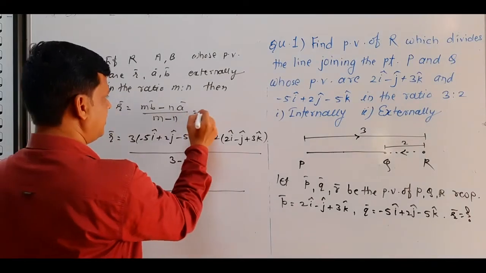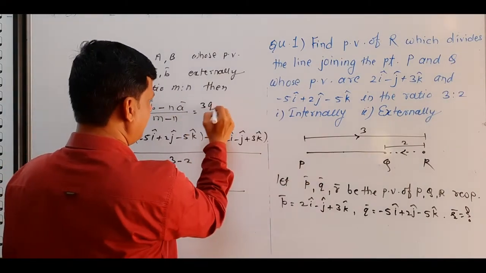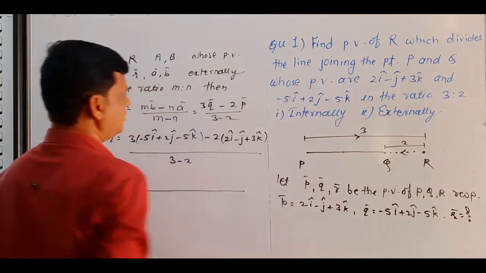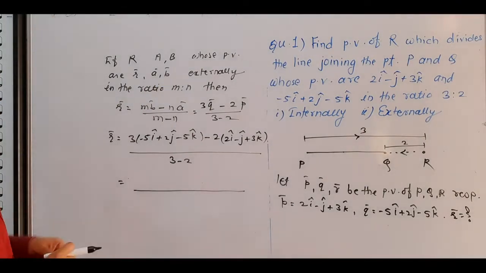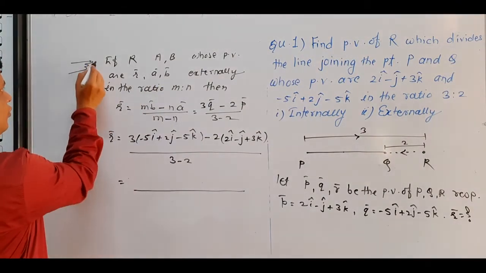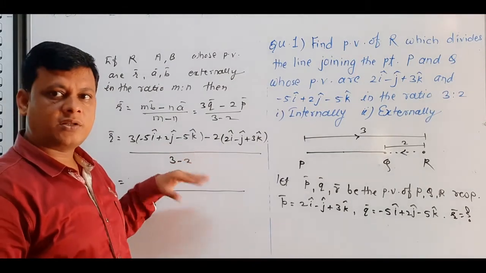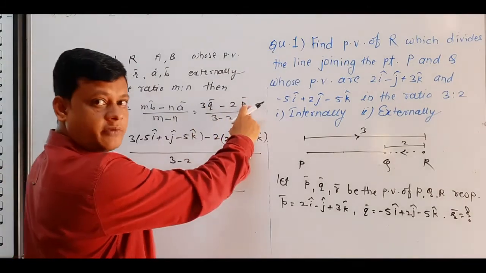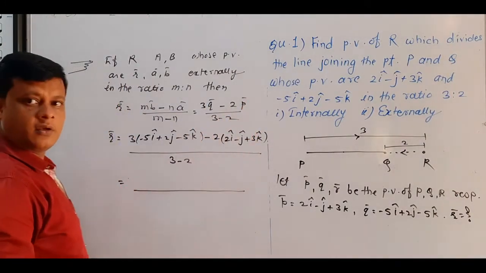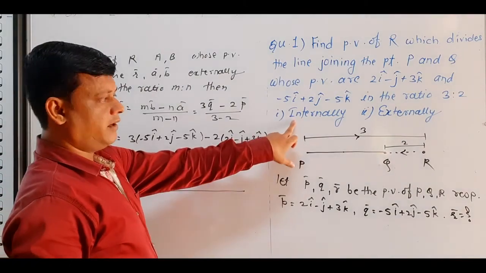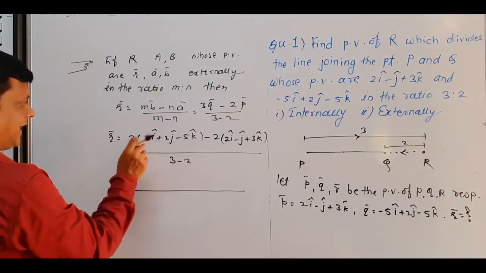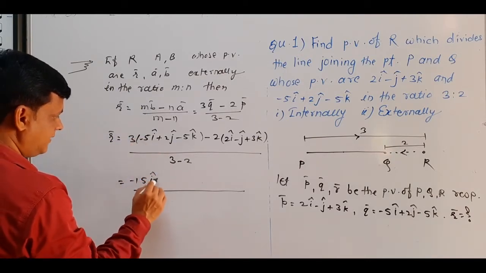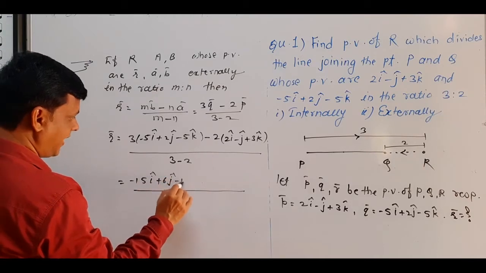We write 3 into Q bar minus 2 into P bar upon 3 minus 2, only to compare with the given theorem. So substitute the values of vectors Q and P as we did in the internal division also. Calculating this, after multiplying by 3, we get minus 15i plus 6j minus 15k.